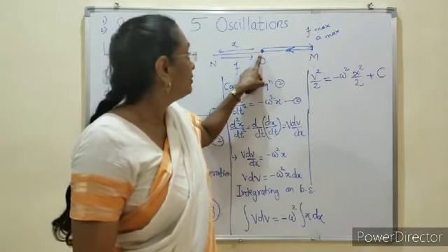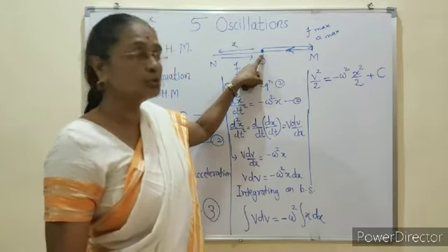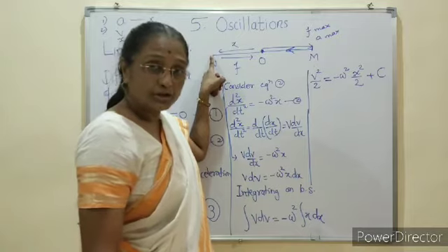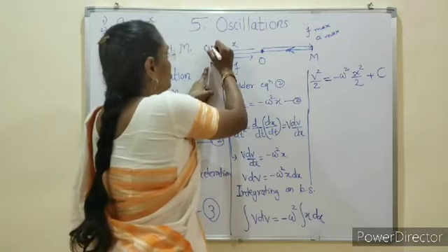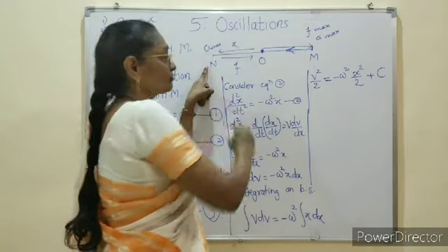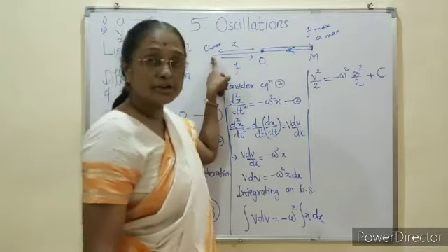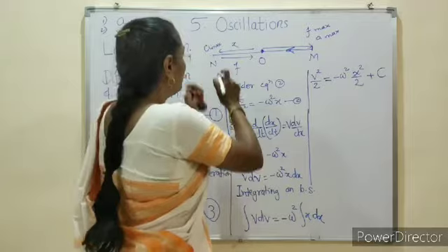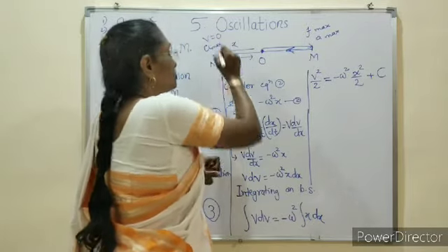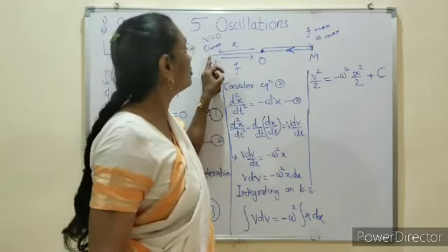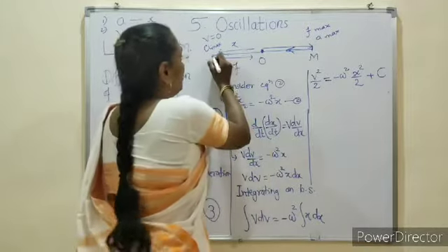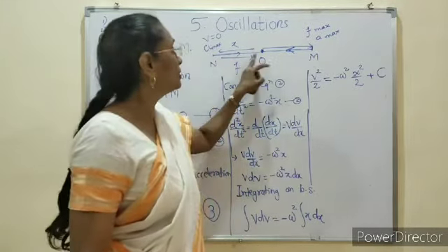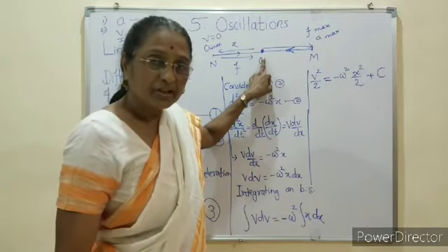Then from this mean position it again goes to the left extremity, here also acceleration becomes maximum, but it momentarily stops there. We say that here velocity becomes 0 and it turns back again for the next movement towards the mean position.